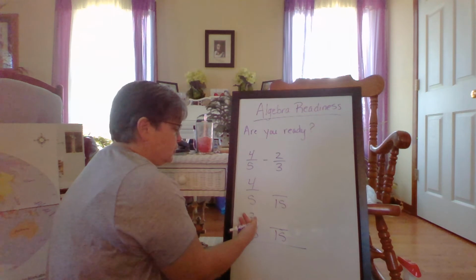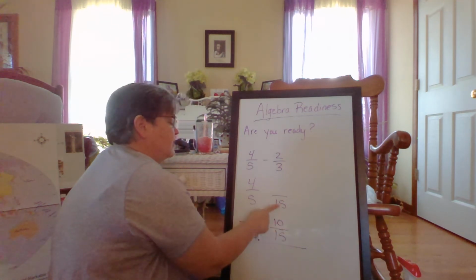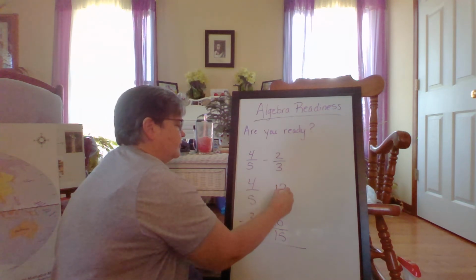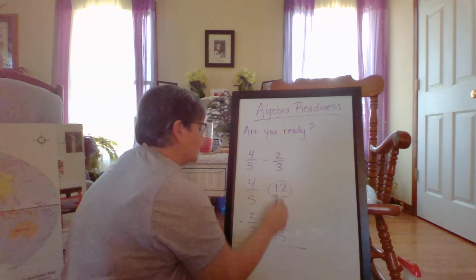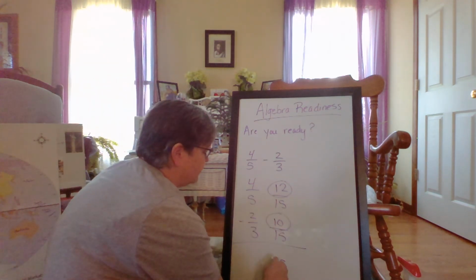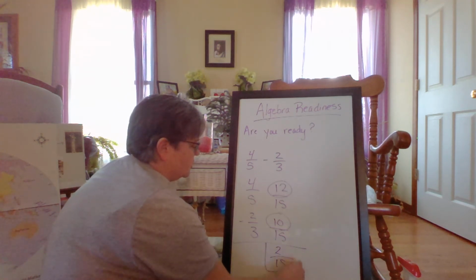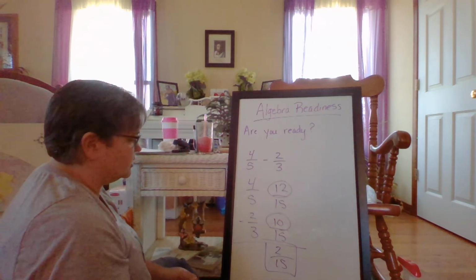Whatever I do to the bottom, I do to the top. 5 times 2 is 10. 5 into 15 goes 3. 3 times 4 is 12. So now I can subtract my numerators. My denominator stays the same. 12 minus 10 is 2. So my answer there is 2/15.